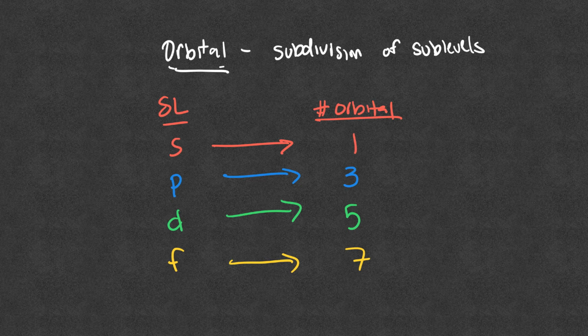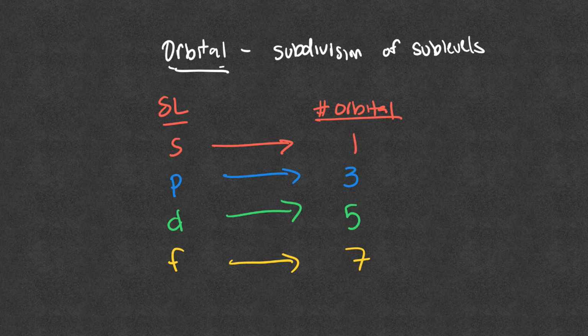So what are the implications of this? Just like how energy level is like what state you live in, and sublevel talks about what city you live in, when we're thinking about orbitals, then we're talking about more specifically what street you live in.